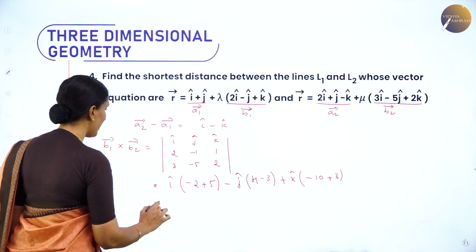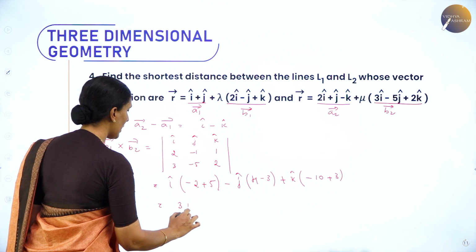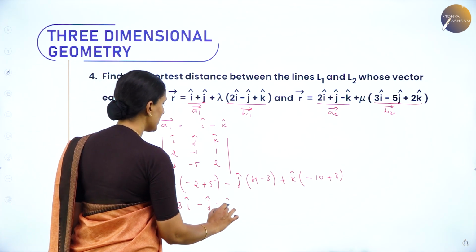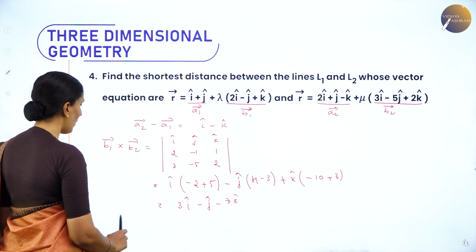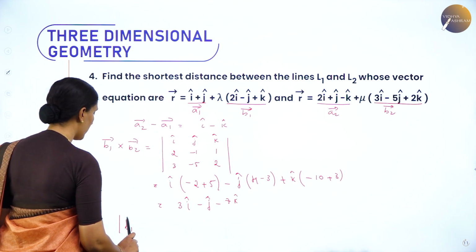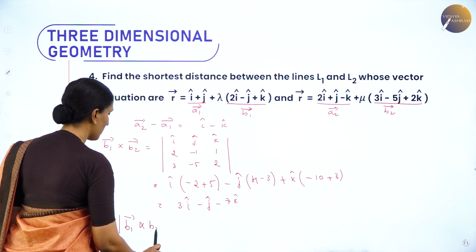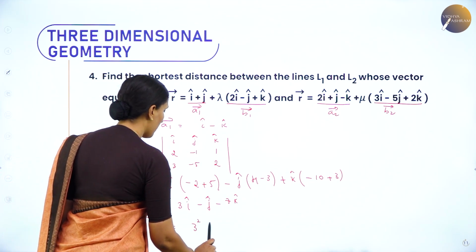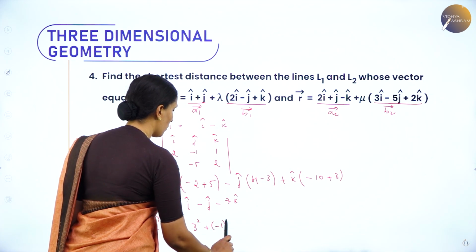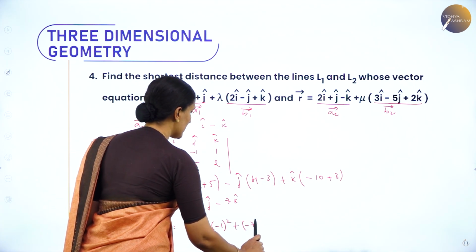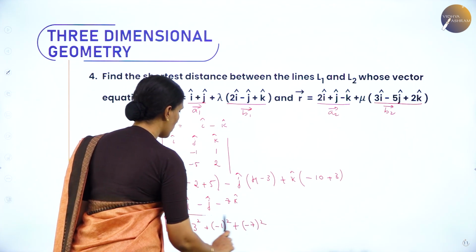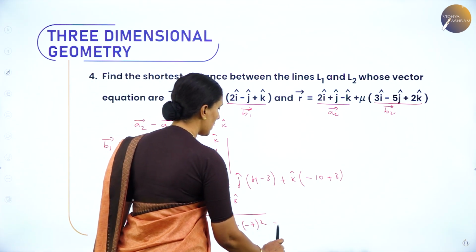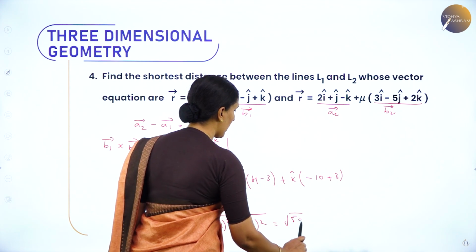So now B1 cross B2 is 3i minus j minus 7k. Now, let's take the magnitude of B1 cross B2. This is the square root of 3 squared plus minus 1 squared plus minus 7 squared, so 9, 10, 49, which is equal to root 59.